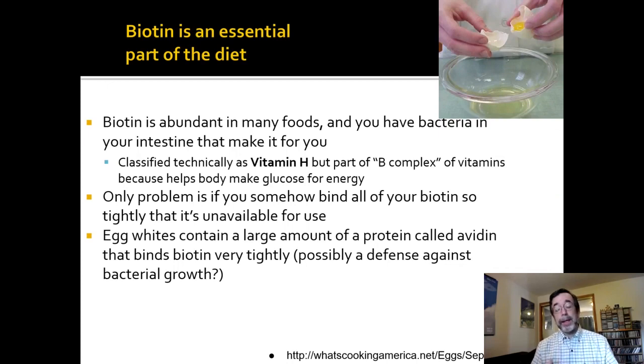So egg whites contain a lot of a protein called avidin, and you actually do have to be careful if you're eating a huge ton of egg whites. The avidin is supposed to defend against bacteria growing by covering up all the biotin. But it might defend against you growing if you have so much avidin in your system that all your biotin is covered up and can't be used by the rest of your body.